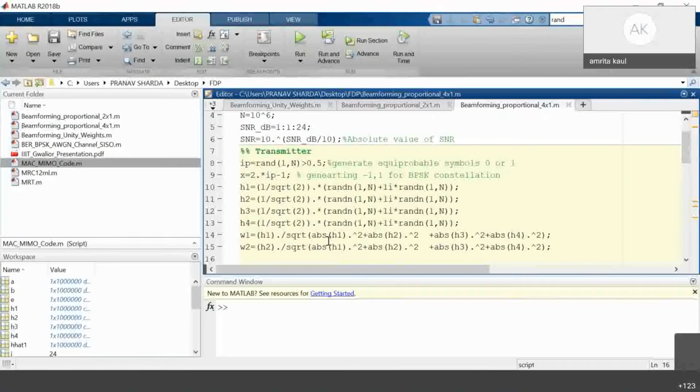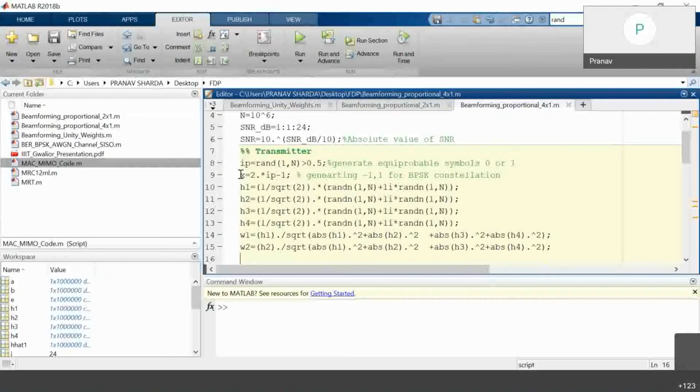You need to see the constellation points. QPSK is quadrature phase shift keying, so you will be having 00, 01, 10, and 11, 4 symbols. You need to define your modulation accordingly. You can check in the help section of MATLAB how to generate this QPSK based modulation. There would be in-phase and quadrature phase based signaling.